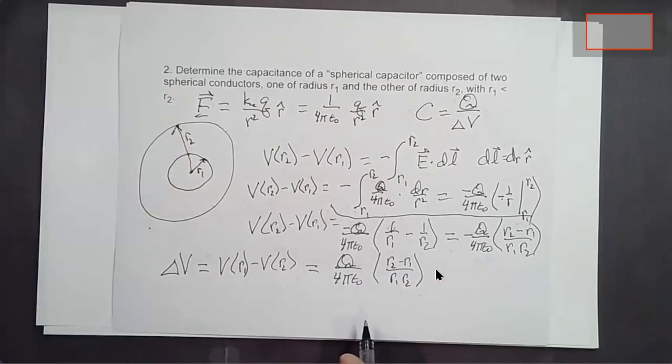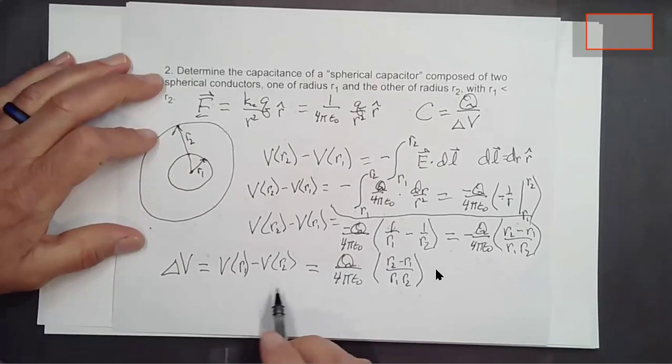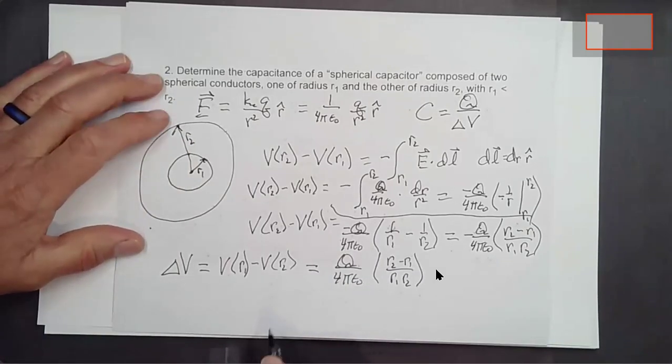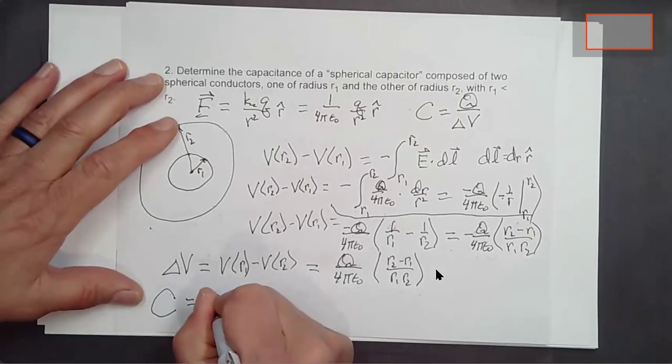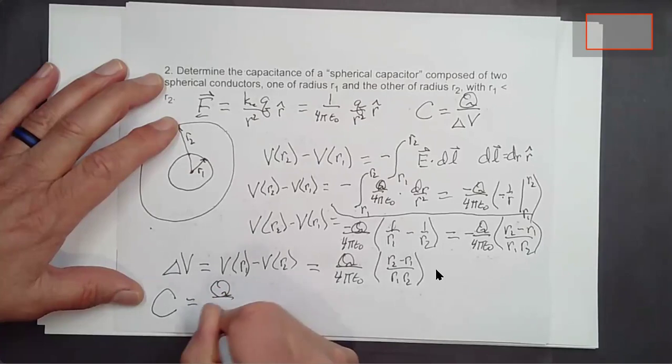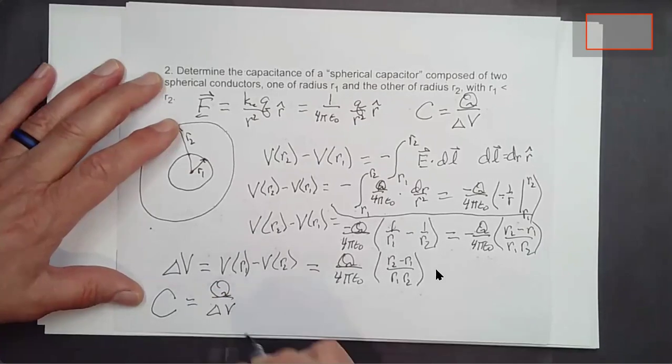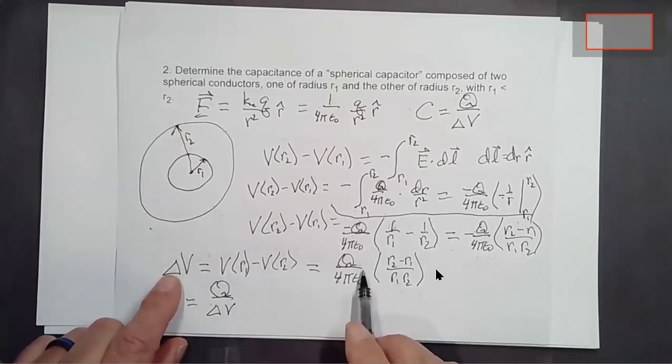Okay, capacitance is going to equal the amount of charge I've got divided by delta V. Well, I've got a delta V and I've got a charge there.